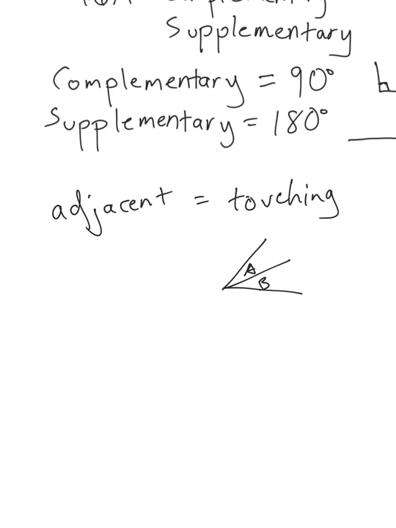However, if I draw this, just like this, and this is A and B, this would not be adjacent. Even though they're touching at the ends, they are not adjacent.